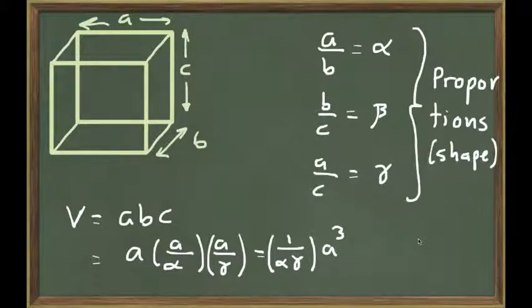Choose A, choose B, or C. If you choose A, you can write the volume as the third power of A, times the proportions, which go like 1 over alpha times gamma, as I defined them. The proportions, in other words, are the shape. These are the numbers that determine the shape of the object. That's what we're talking about.